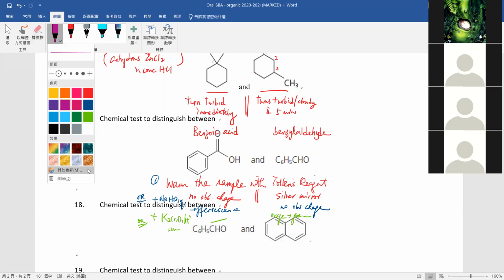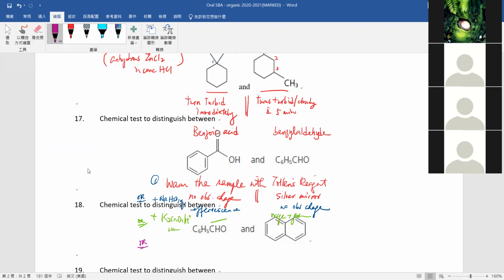So you may look at one device work. Fourth method: 2,4-dinitrophenylhydrazine. Okay, and check whether or not there's some bright precipitate formed. Which one will have?